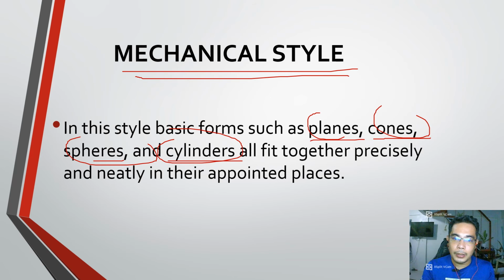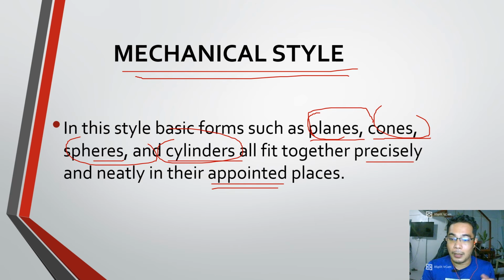So the same sila ng cubism, but this time, ginagamit yung mga shapes na to on a precise and appointed places. So, ibig sabihin, mayroon siyang pinaggagamitan. Okay? So, meron lang siyang specific na ang isang bagay ay meron specific na shape.